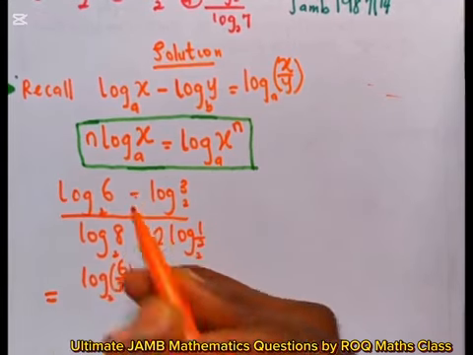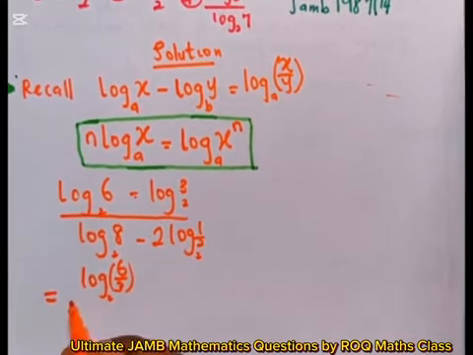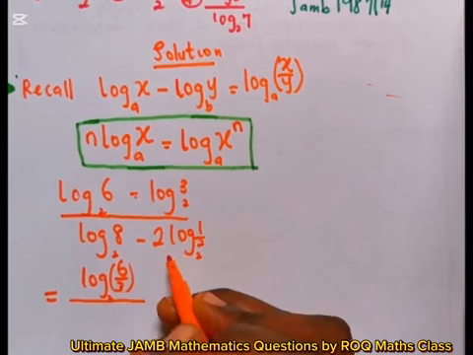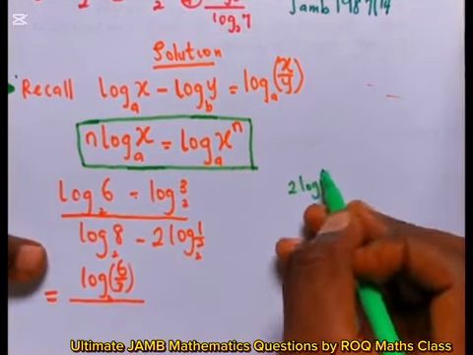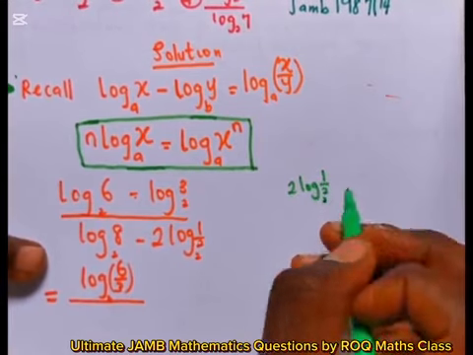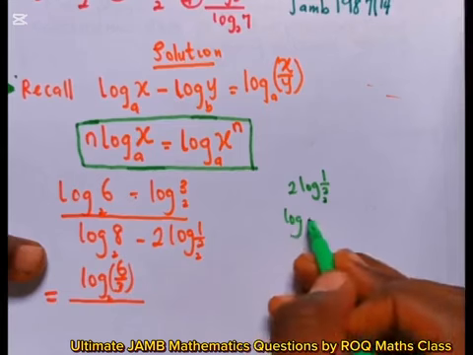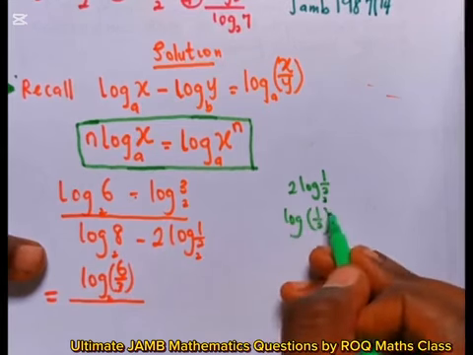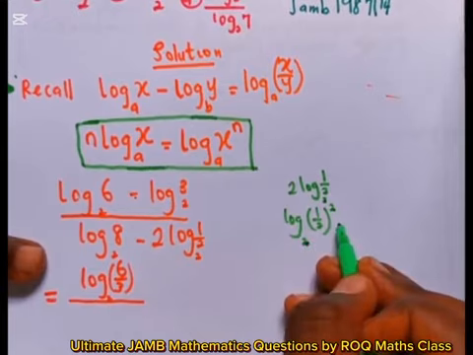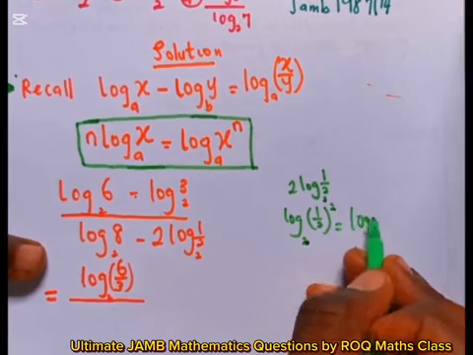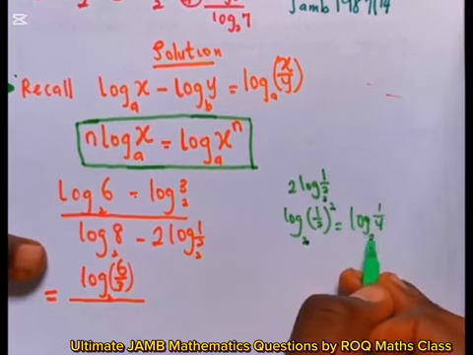And I have minus, so I can divide it. All over this, I can solve it out as 2 log of 1 over 2 base 2. This is the same thing as log of 1 over 2 to the power of 2 base 2, and this is going to give us the log of 1 over 4 base 2.